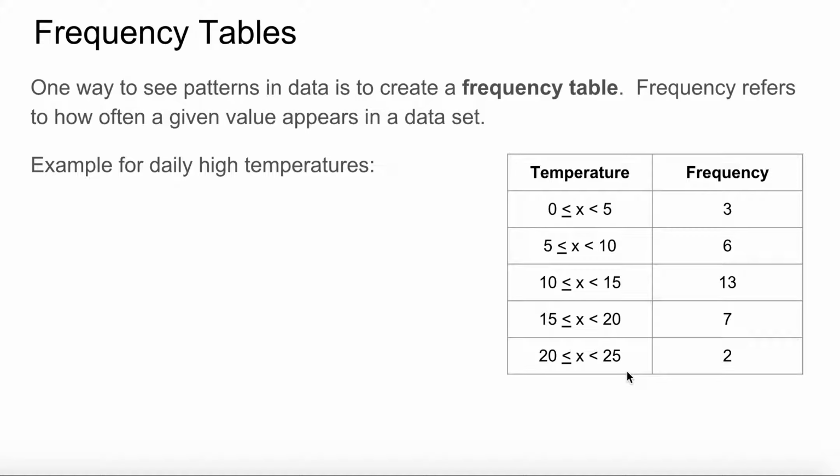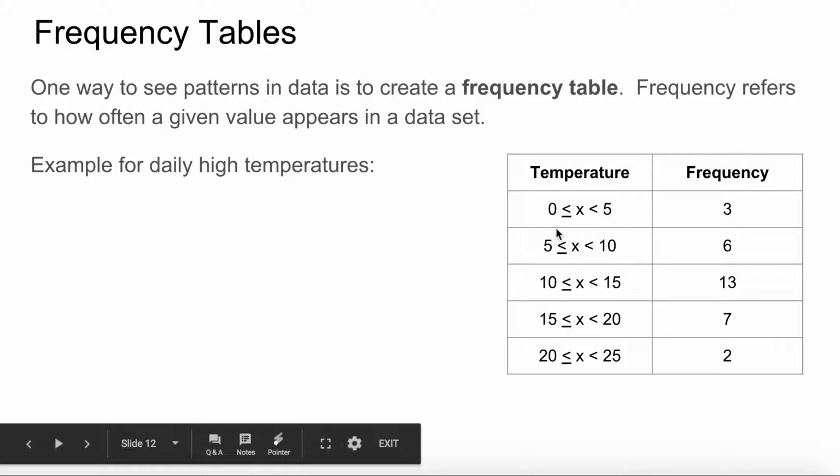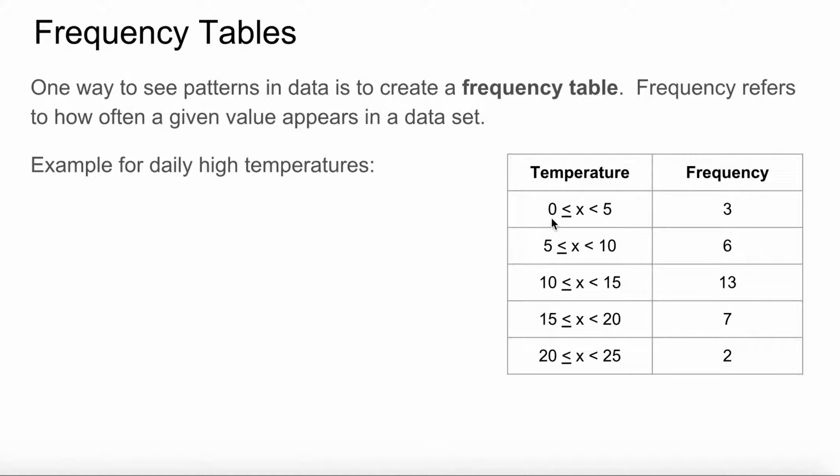Two things to notice. The first is that each class here has an equal width, right? The difference between 0 and 5 is 5. The difference between 5 and 10 is 5. We call that the width of the class, how wide it is, how many values it includes, and it has to be equal. The second is that I'm very precise at the boundaries.